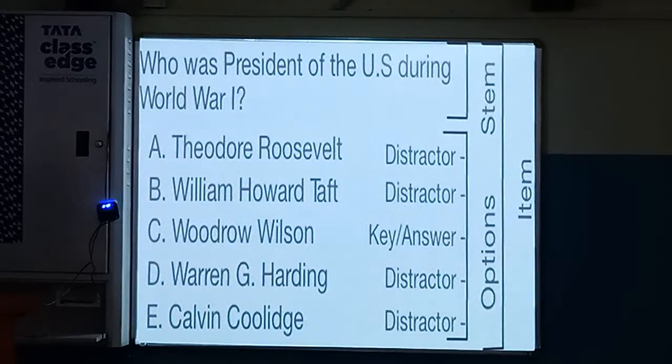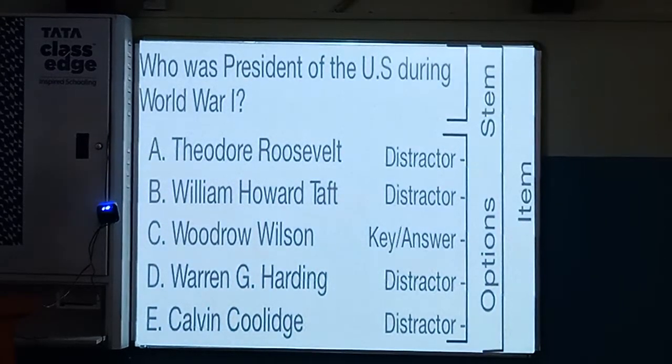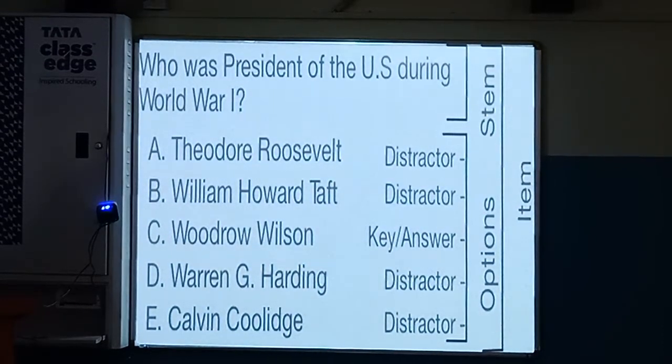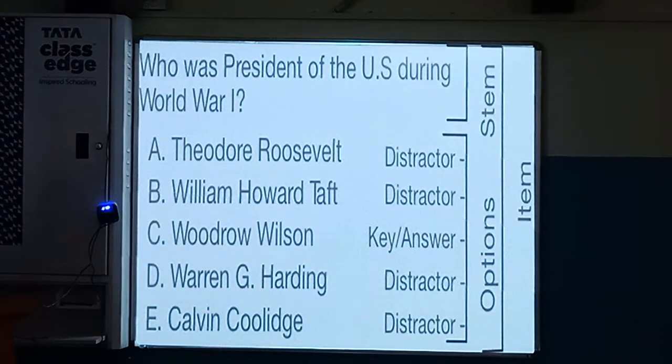Now let us see an example, and you can identify which is the stem, what the options are, which is the key and which are the distractors. I have given 5 options here. Who was president of the US during the First World War? This part is known as the stem, because it is posing the question.